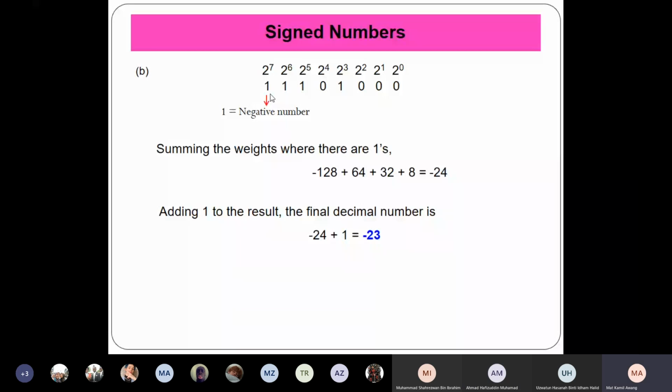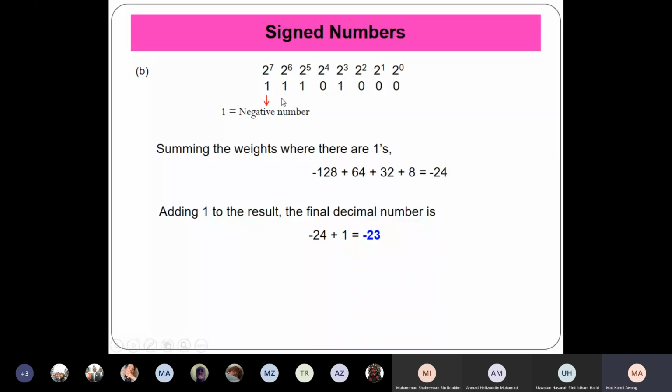Okay. Clear? So 11101000. This is a negative number. So we sum the weights where there are ones. So 0, 0, 0. 1 times 2 to the power of 3 is 8. 0. 1 times 2 to the power of 5 is 32. 1 times 2 to the power of 6 is, wait, 5 is here, is 64. 1 times 2 to the power of 7 is 128.